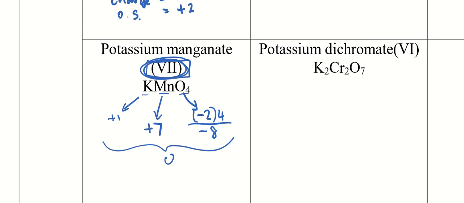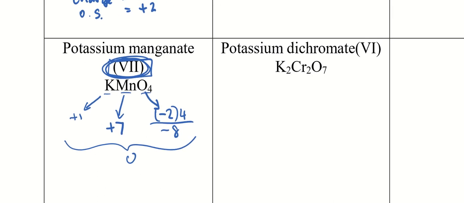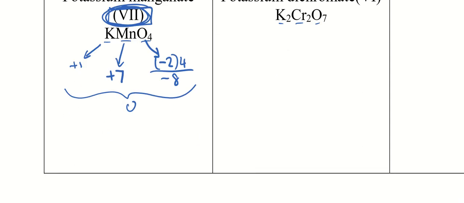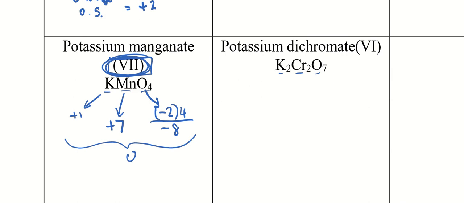Potassium dichromate 6. Potassium, chromium, oxygen. Naturally, the 6 would refer to the oxidation state of chromium. Is that really true? Let's see. Potassium plus 1, 2 of them times 2, giving us plus 2.